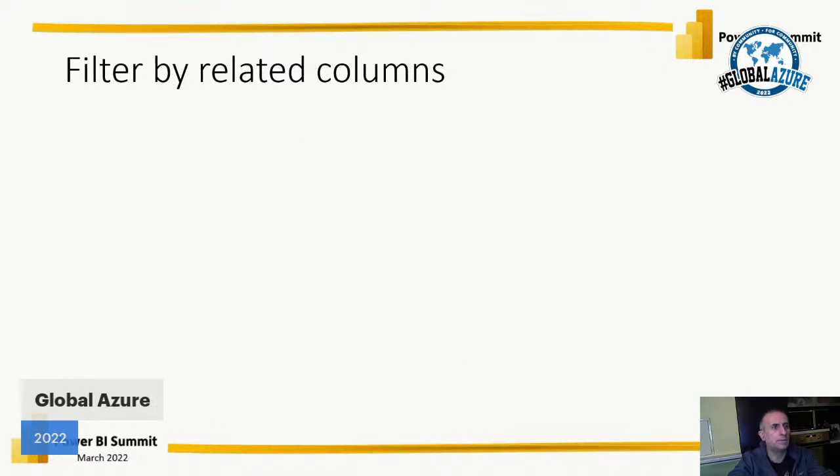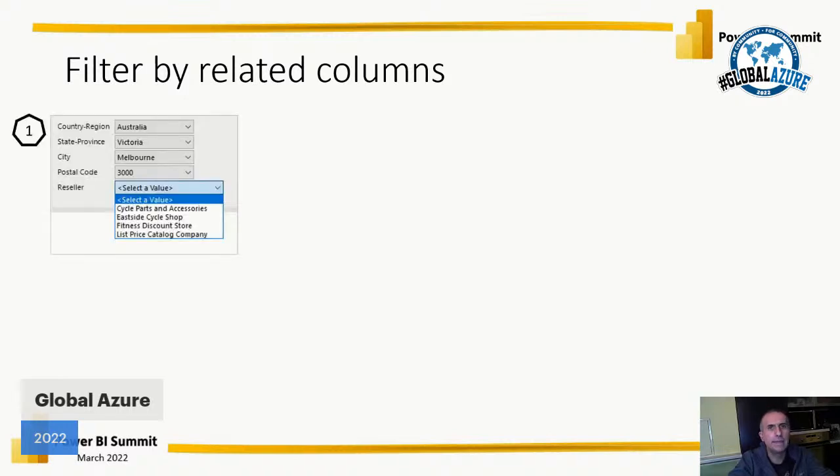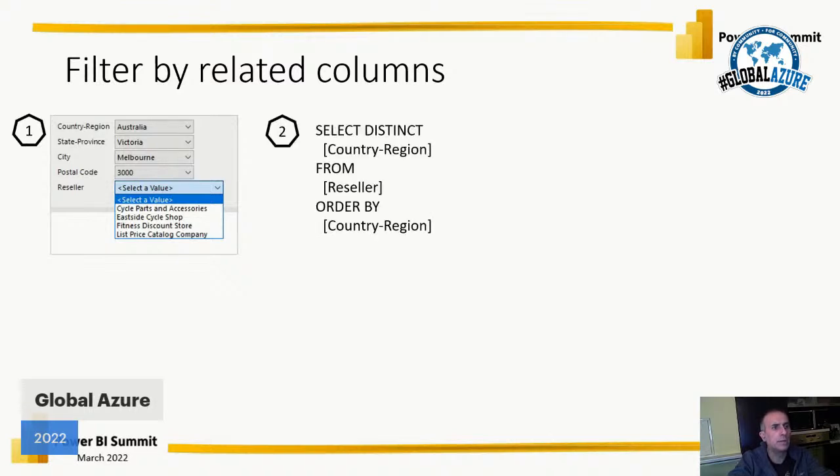You can see an example now. We have a dataset with related fields regarding the address of a specific reseller, and we need to create the first dataset using a query with select distinct region from the list of resellers, based on the field we have in the table, ordered by this specific parameter, in this case country region.